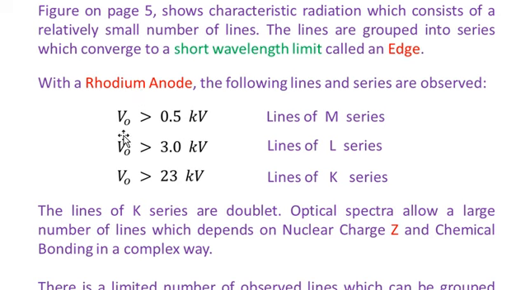For example, if you apply an accelerating voltage of greater than 0.5 kilovolt, you will see that only M lines will be observed. Lines of the M series will be observed. And if the electrons are accelerated through a potential of greater than 3 kV, then of course the lines of the L series will be observed. And if the accelerating voltage is greater than 23 kilovolt, then of course lines of the K series will be observed.